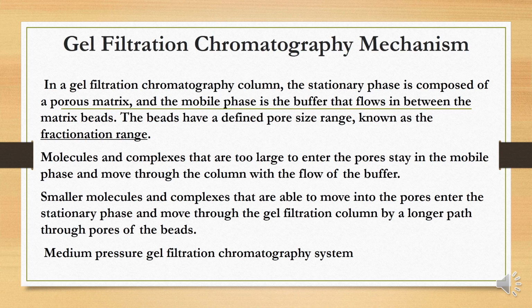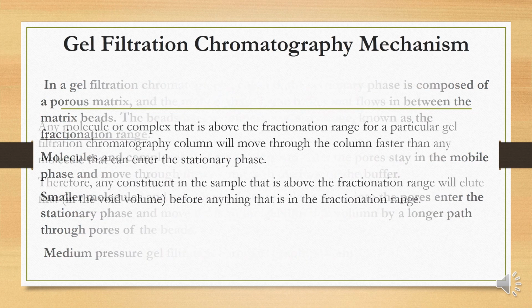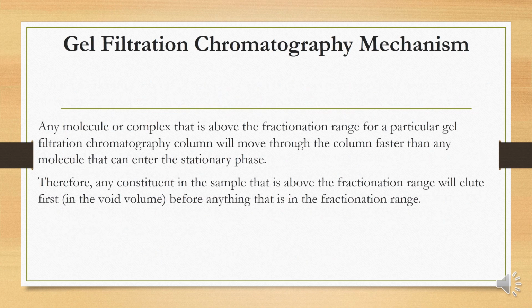Medium pressure gel filtration chromatography system. Gel filtration chromatography mechanism. Any molecule or complex that is above the fractionation range of the particular gel filtration chromatography column will move through the column faster than any molecule that can enter the stationary phase.